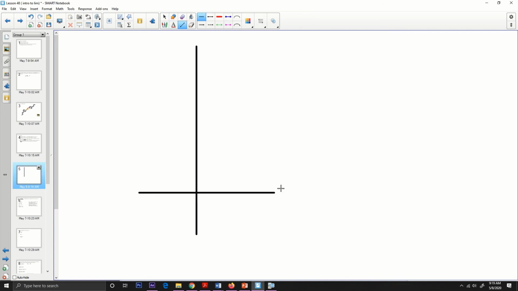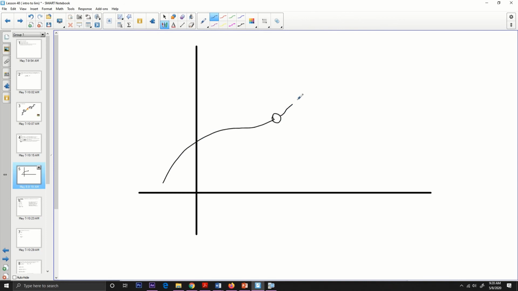Let's say I have a simple graph here, and I'm drawing a graph like this. And here is my c, and here is my L, and I have a hole in that spot right there. And we've talked about holes earlier on in the year.